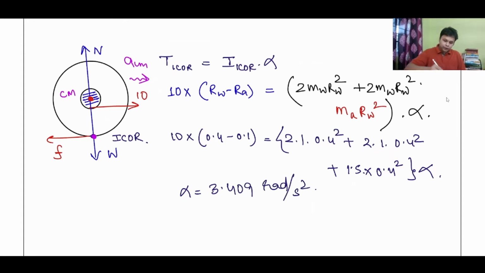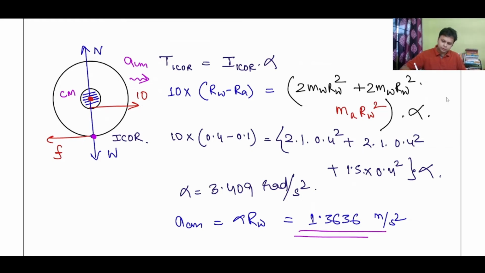So if you have the value of alpha, now I can find out ACM. ACM is equal to alpha into R of the wheel, that is multiplied by 0.4, which comes out to be 1.3636 meter per second square.